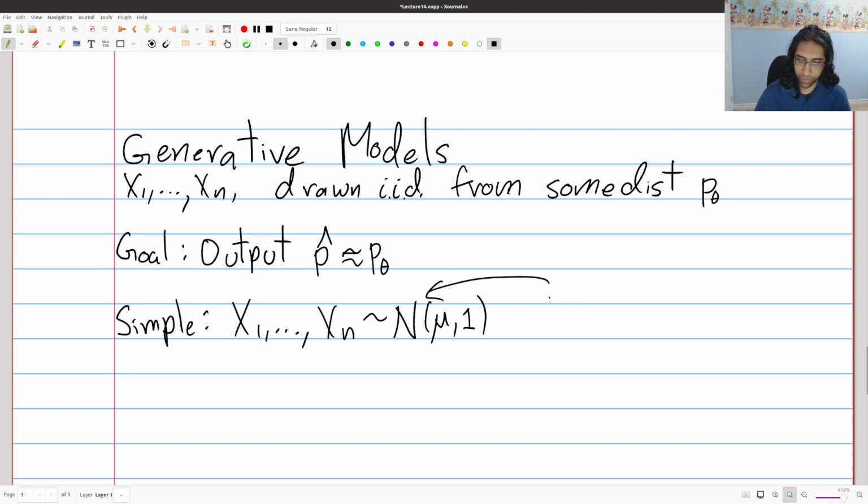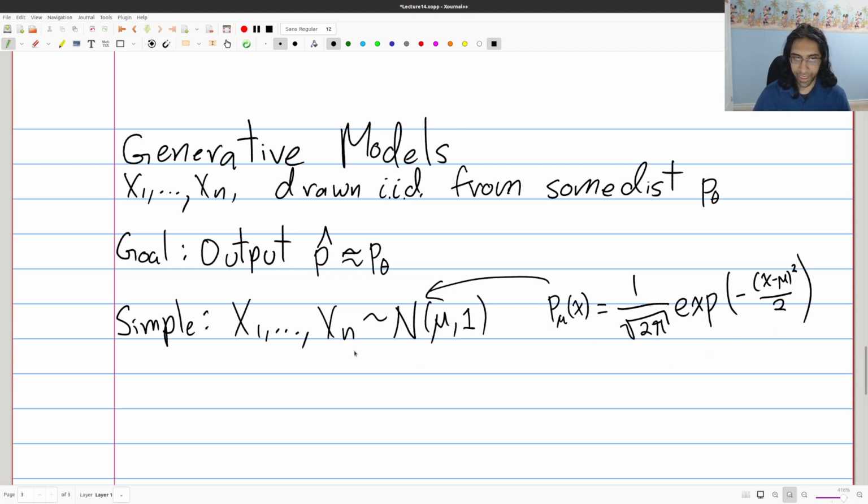This is a distribution which is parameterized by mu, p mu of x. The density is going to be equal to 1 over square root 2 pi times exp of minus x minus mu squared over 2. So that is the density of this probability distribution right here.